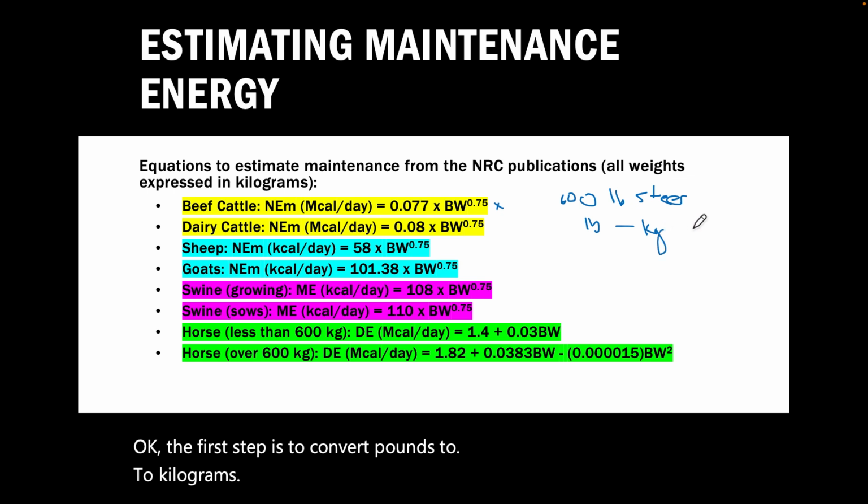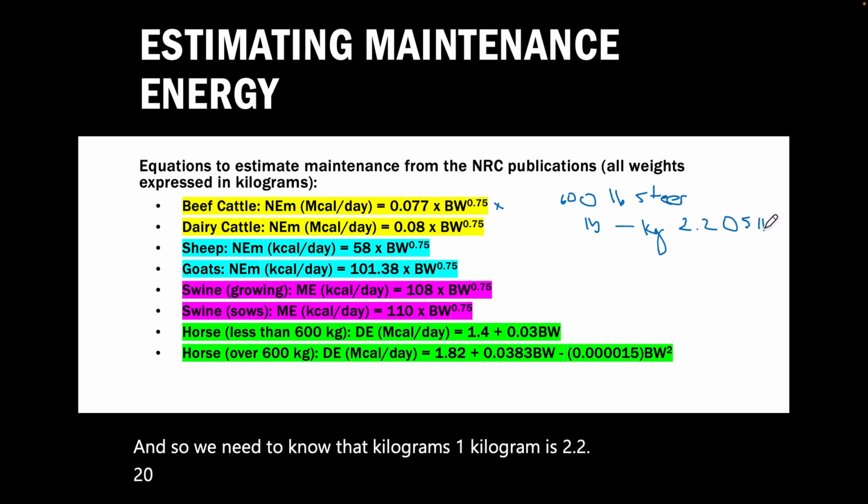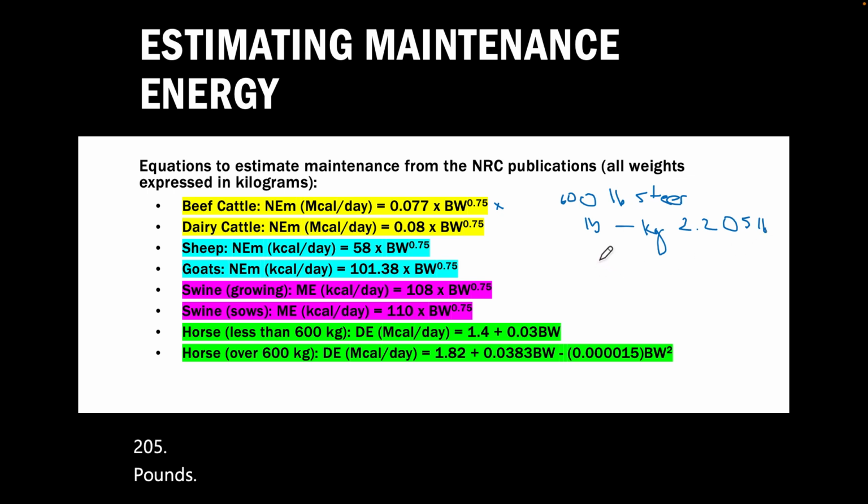We need to know that 1 kilogram is 2.205 pounds. So to do that, we simply divide 600 divided by 2.205.